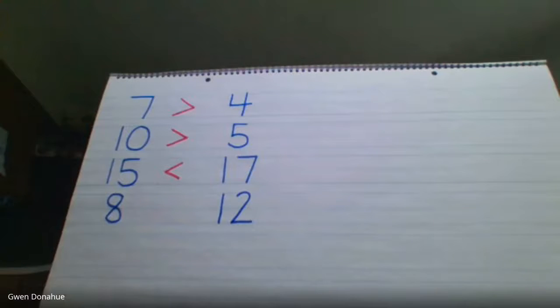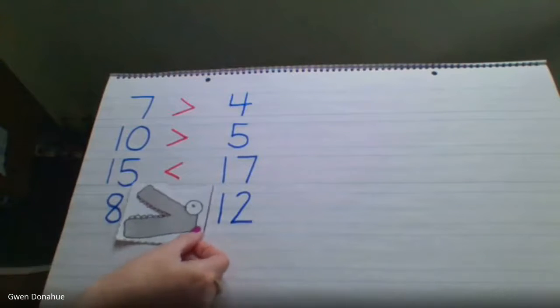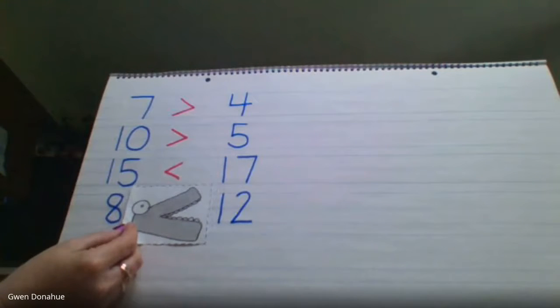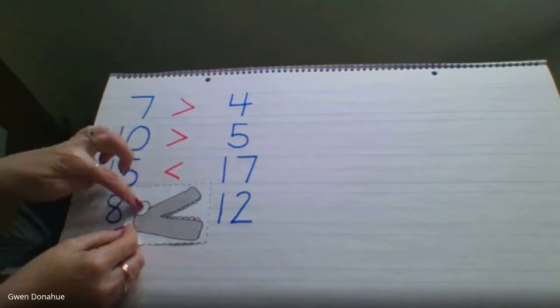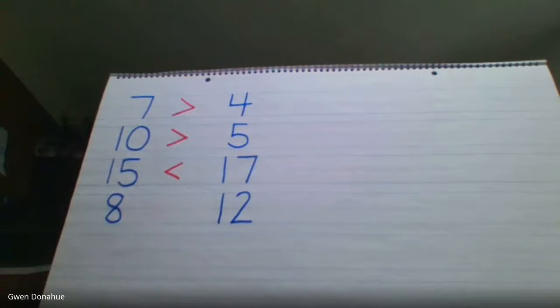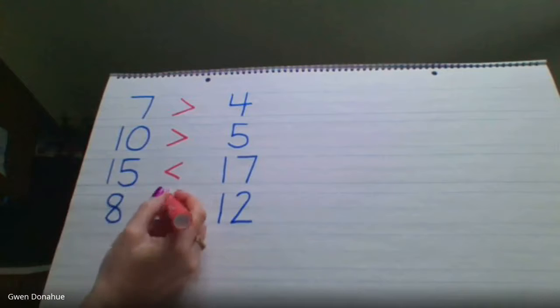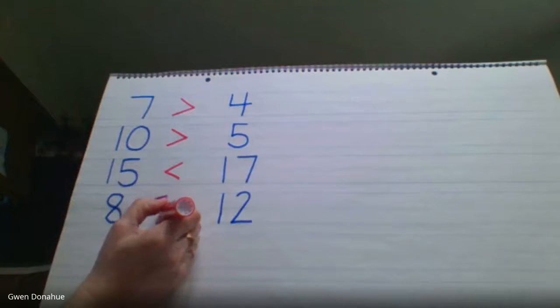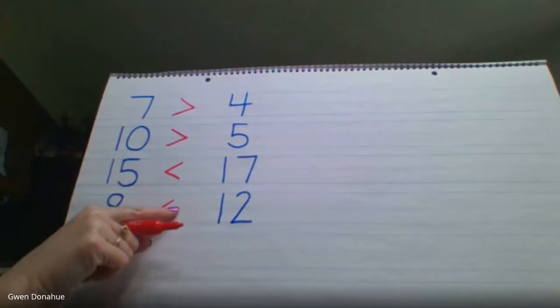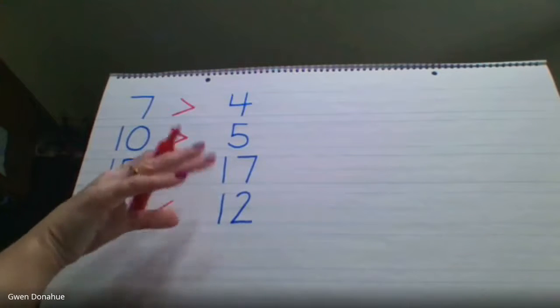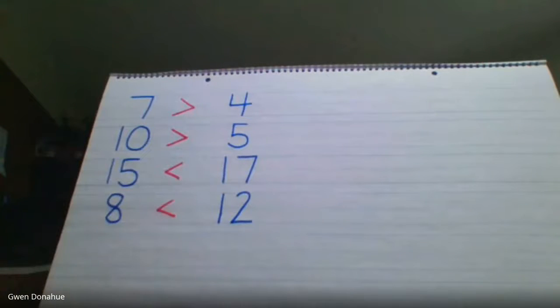All right, so is 8 greater than 12, or is 8 less than 12? Right, 8 is less than 12. 8 is a smaller number, so the less than symbol looks like that, remember? Because the open part, the mouth part, wants to munch the bigger number.